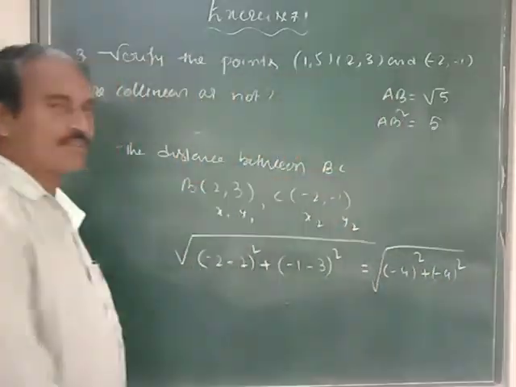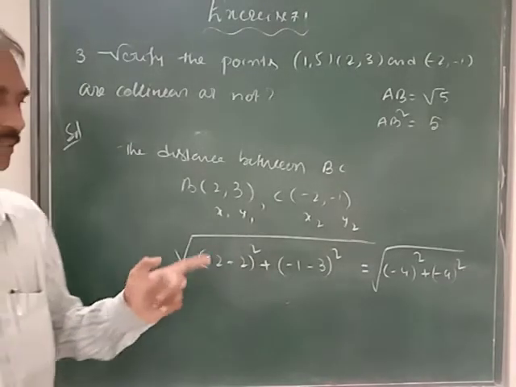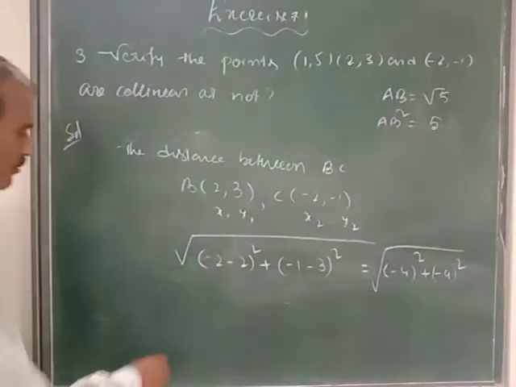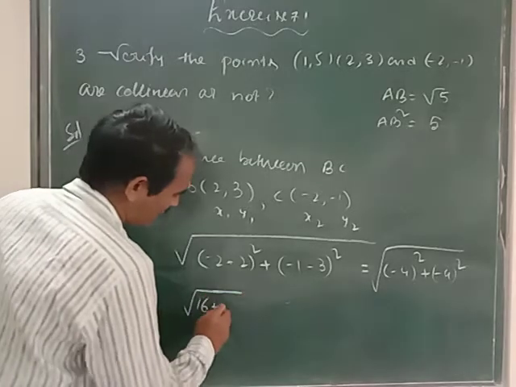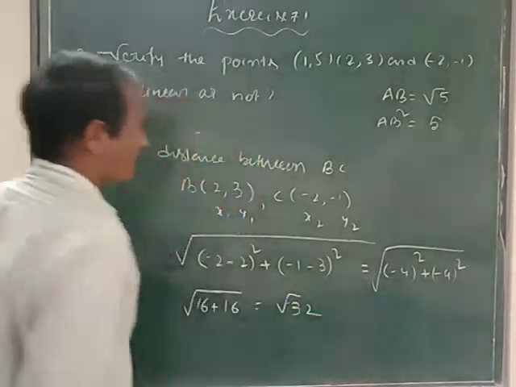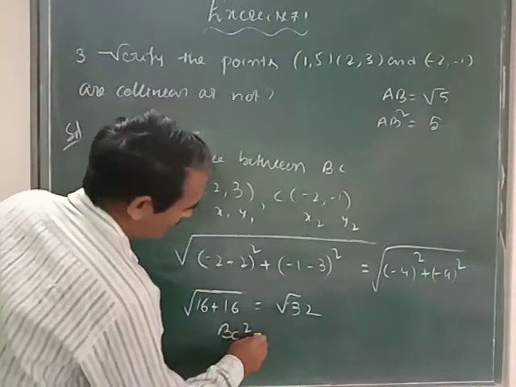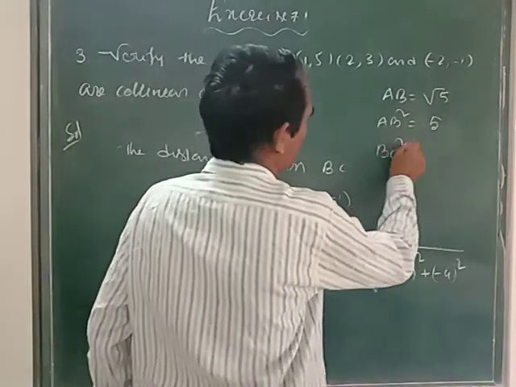Minus 4 whole square means 16, so root 16 plus 16, that is root 32. Therefore BC square is equal to 32.